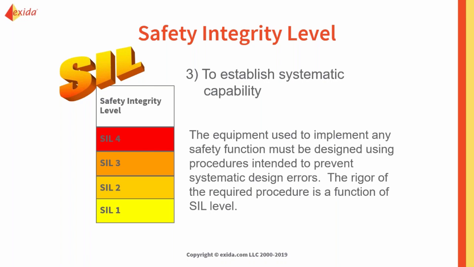So say you have a collection of equipment and everything in there is SIL 3 capable except your one ball valve. Unfortunately, that ball valve is not SIL rated. Then your entire safety function is not SIL rated. So this is a big one, the systematic capability. It is going to be a limiting factor, and it can limit the entire SIF if only one systematic capability is not achieved.